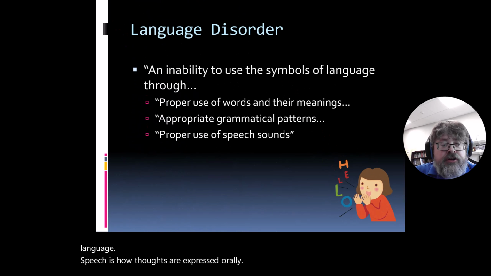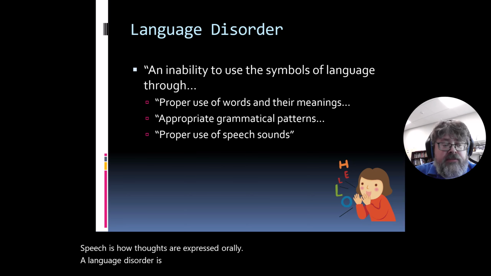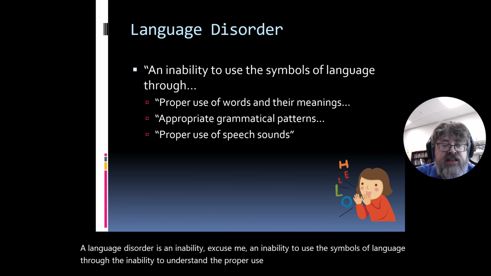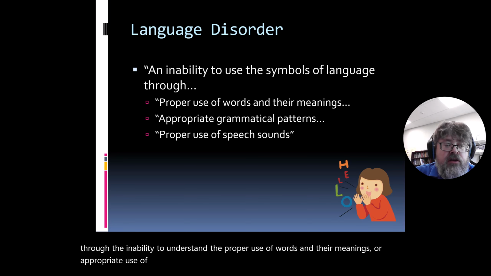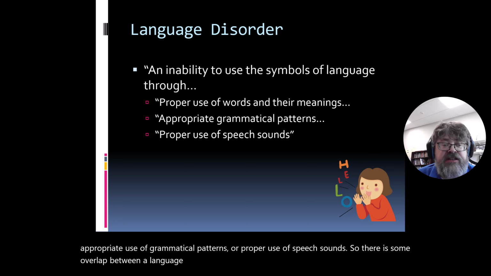A language disorder is an inability to use the symbols of language, through an inability to understand the proper use of words and their meanings, or appropriate use of grammatical patterns, or proper use of speech sounds. So there is some overlap between a language disorder potentially and a speech disorder.